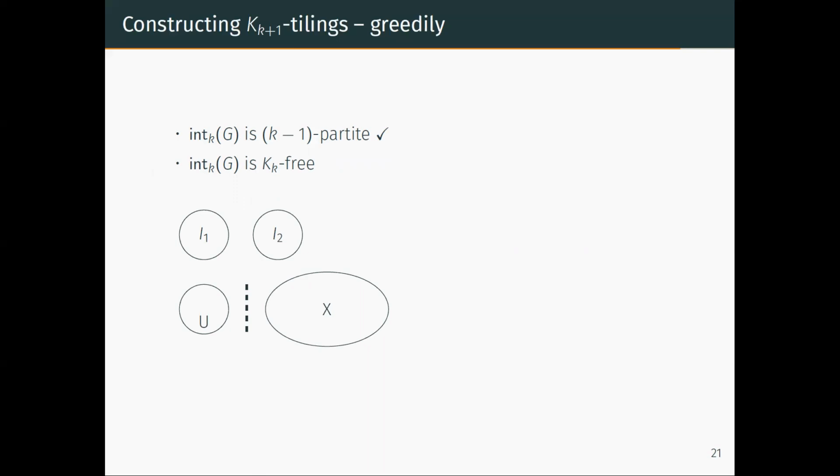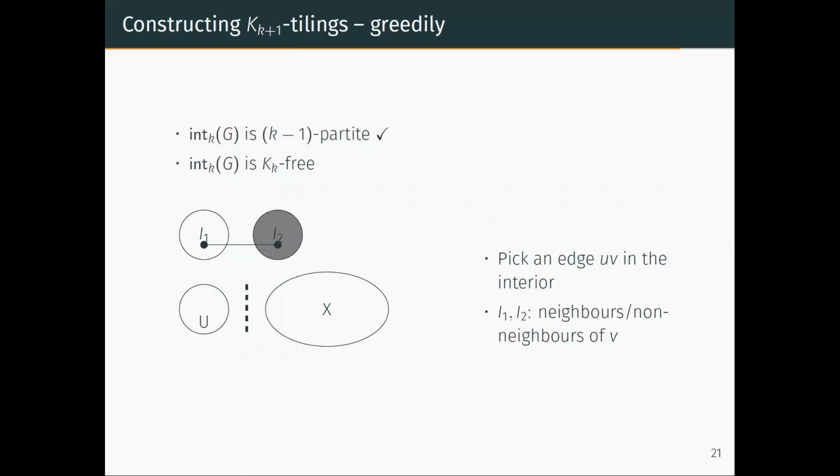One of the main things in the proof is basically how do we construct these collections of cliques that we want, and so the short answer is basically greedily.